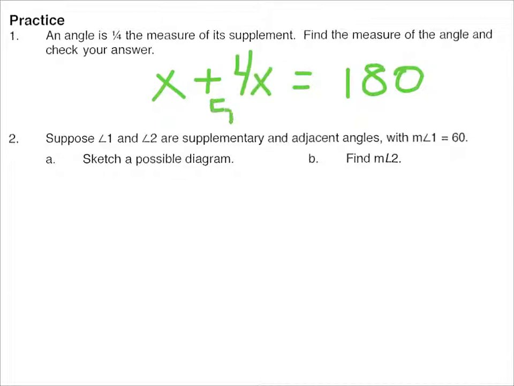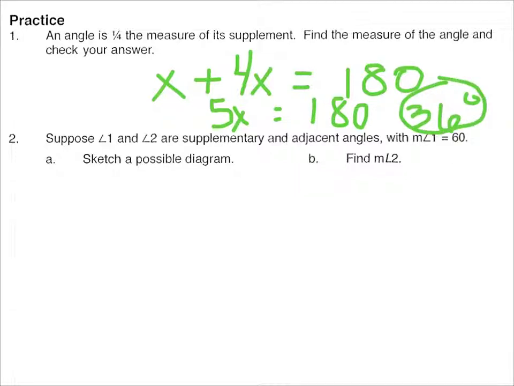Add it together, you get 5x. 180 divided by 5 is a 36 degree angle. So x equals 36 degrees. That's the smaller of the two, and then 4 times that, or 144 degrees, is the supplement.